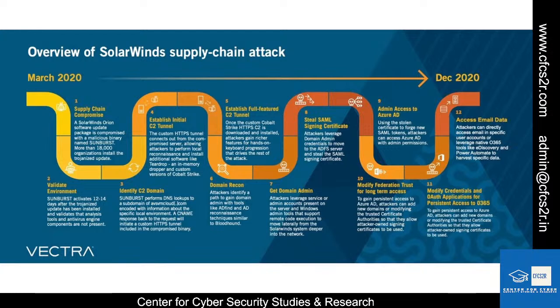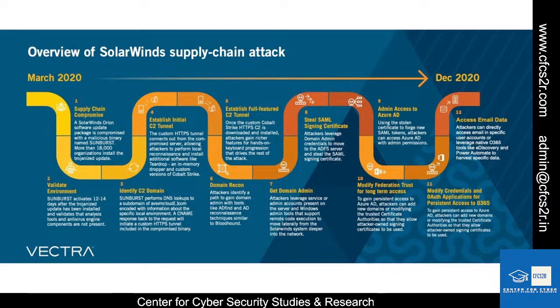In the initial days of my career, I have also worked on SolarWinds. It's a very good company, and network operation centers are using SolarWinds on a very large level. More than 18,000 customers it is having.